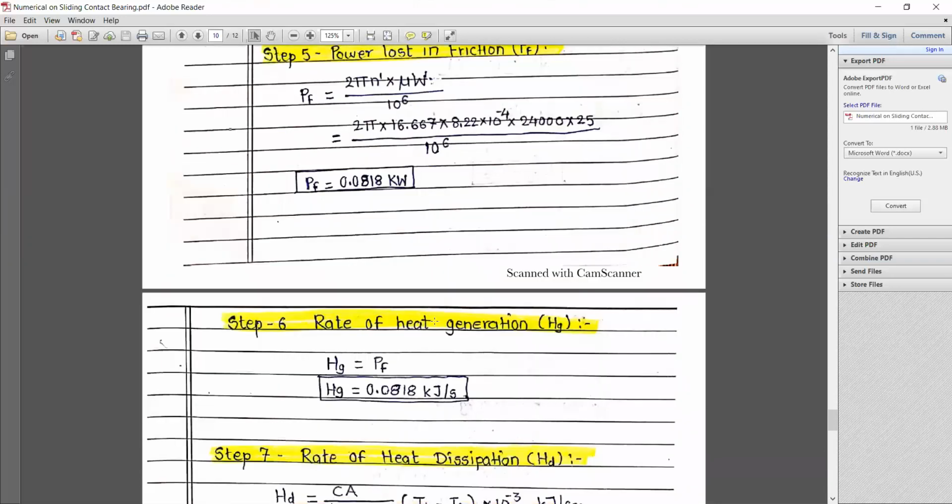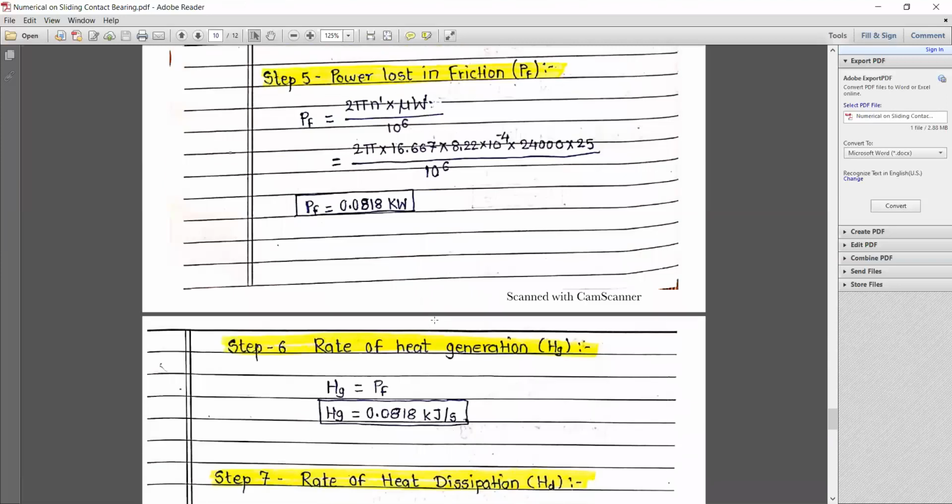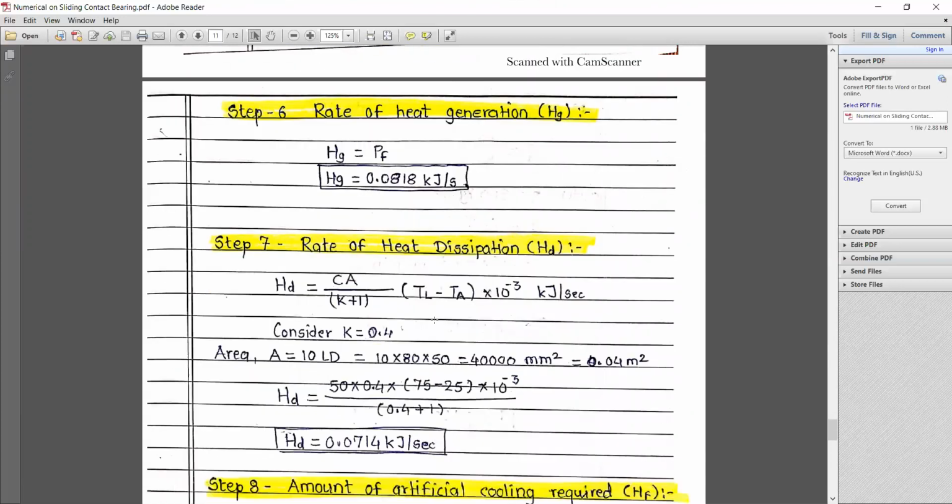So what we get, the power loss in friction, Pf, is equal to 0.0818 kilowatt.